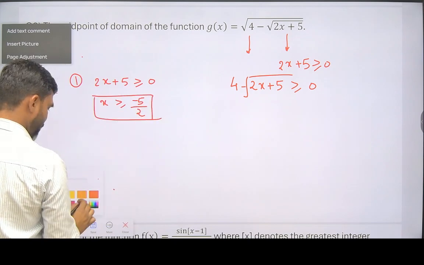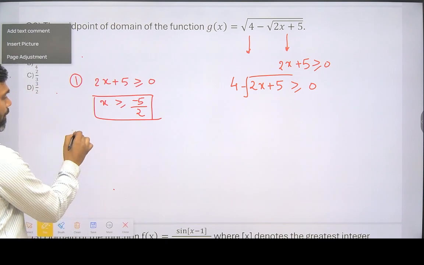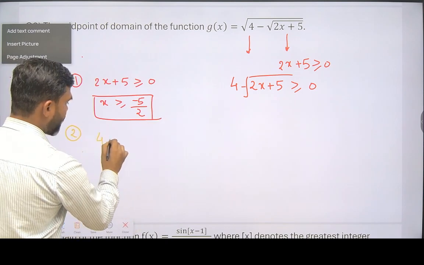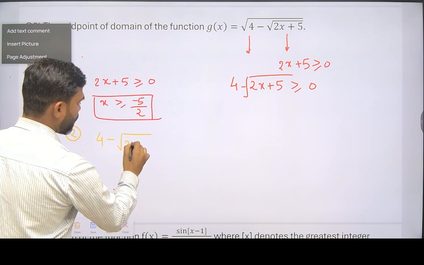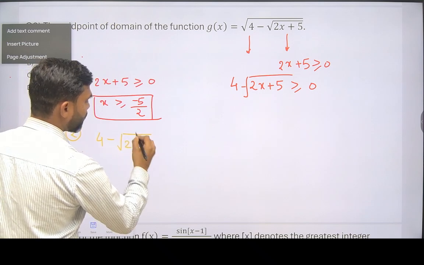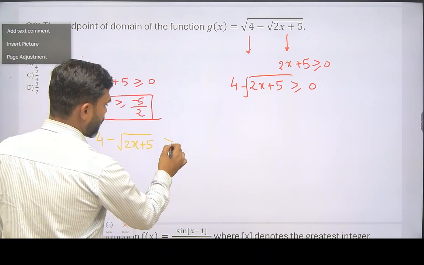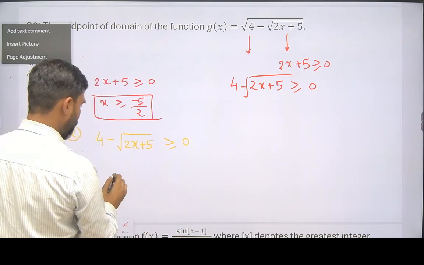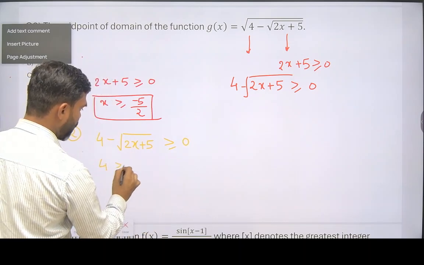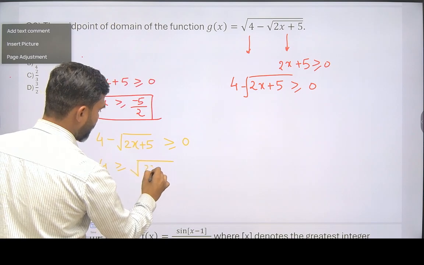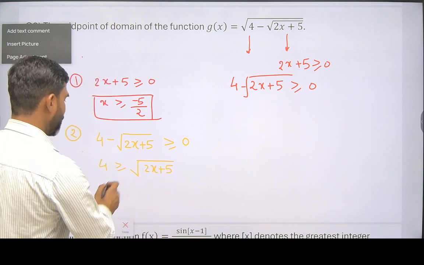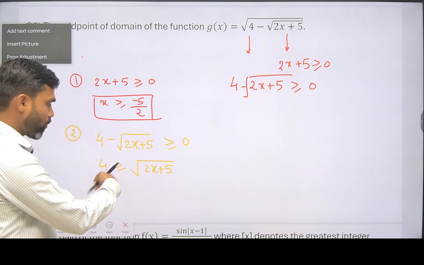Now the second one, let me change the color. Number 2, what have we got? 4 minus under root 2x plus 5 greater than or equal to 0. So 4 is greater than or equal to under root 2x plus 5. Now we can just square both sides.